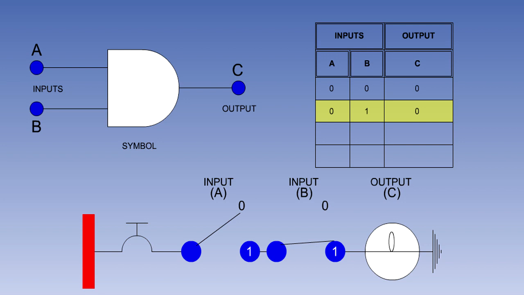If switch B is closed with switch A open, the output will still be 0. Similarly, if switch A is closed with switch B open, the output will be 0. Only when both switches are closed will the bulb illuminate, indicating an output in binary terms of 1.